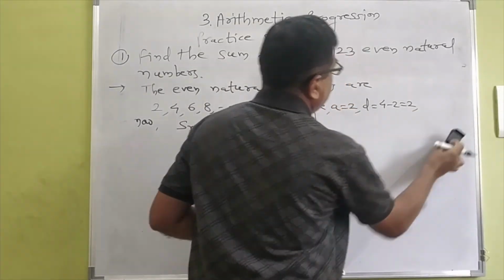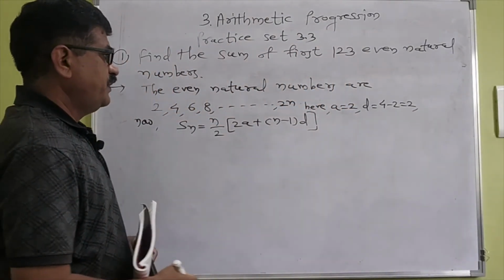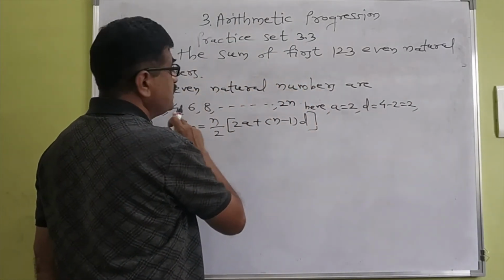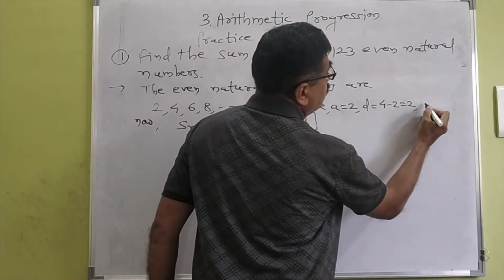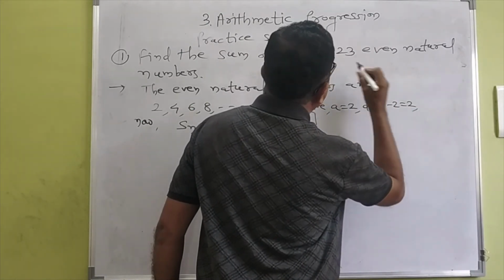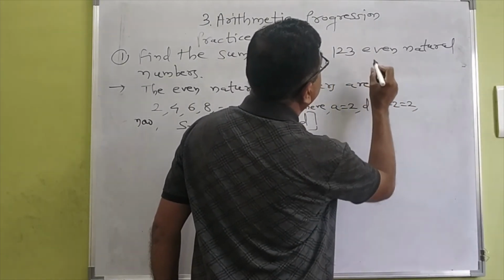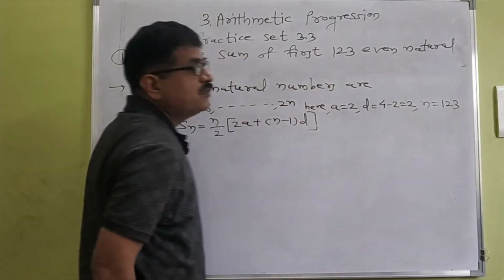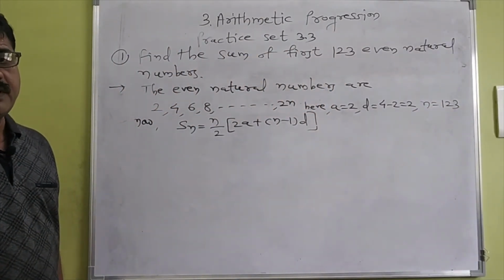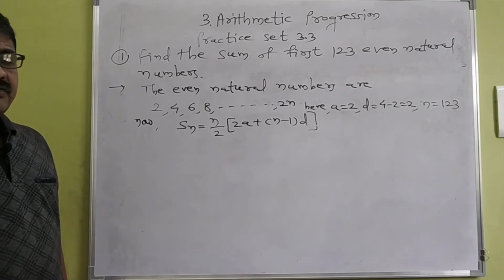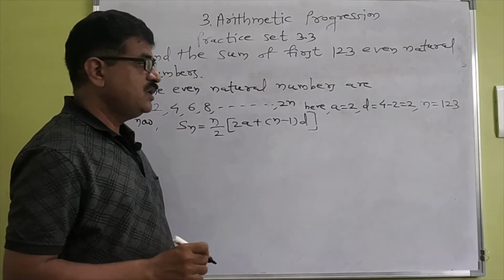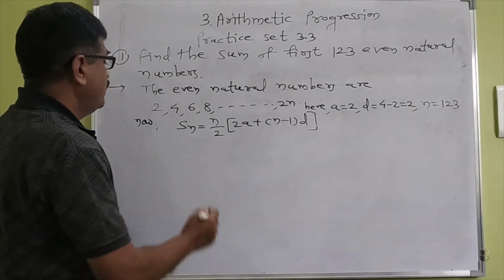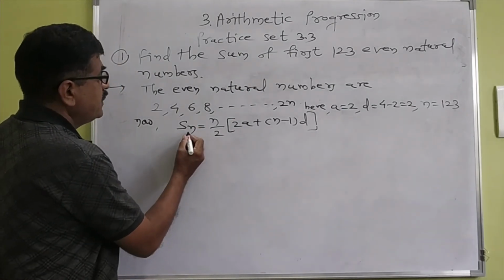The first term is 2, the second term is 4, and we are asked for 123 even natural numbers, therefore here n is equal to 123. Now put the values.